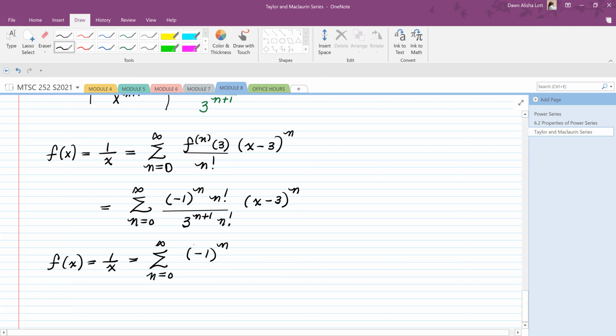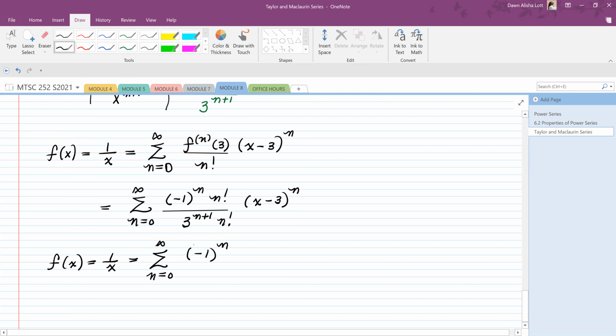I'm going to write it as the sum n equals 0 to infinity. I'm going to factor out 1 over 3. And then I'm going to write the rest of it as minus x minus 3 over 3 to the n power. And so there you have it.